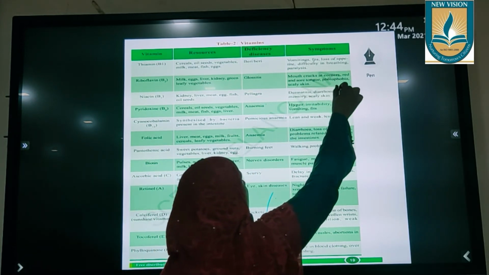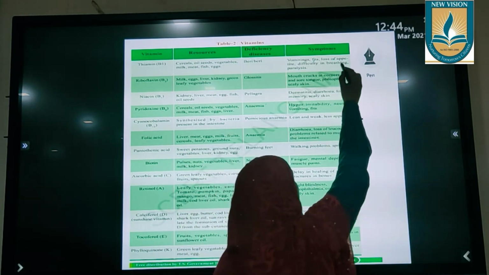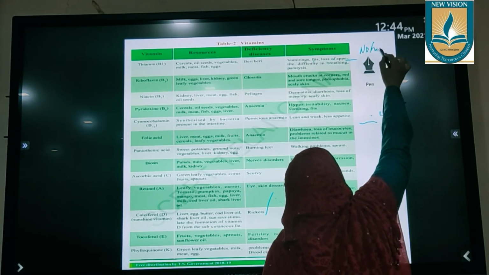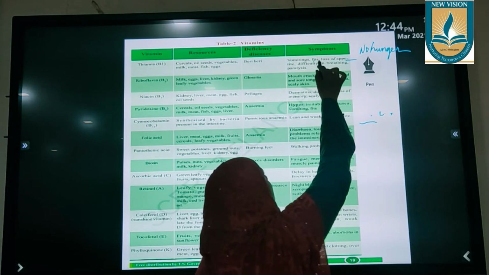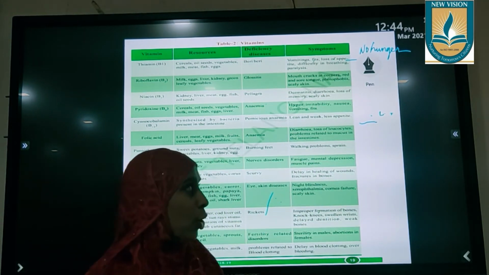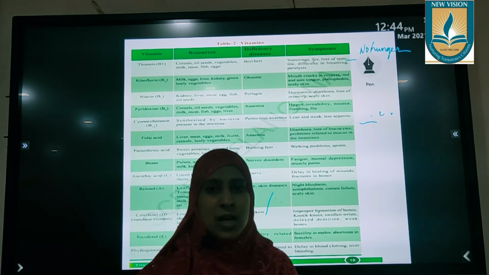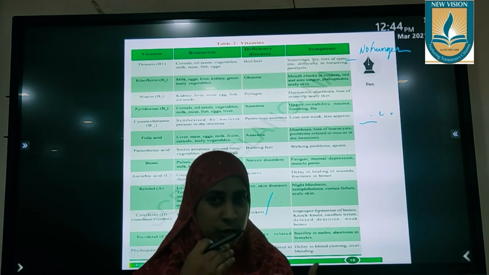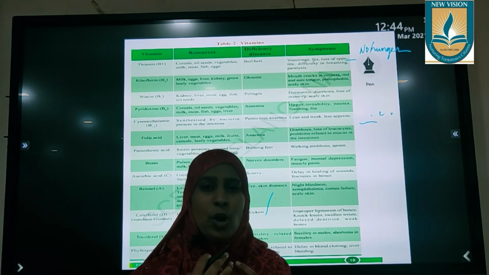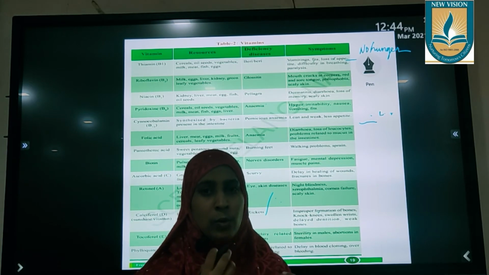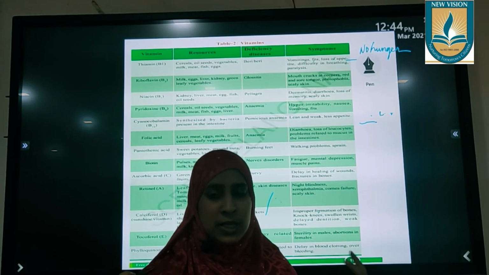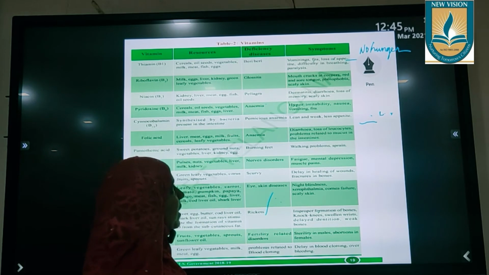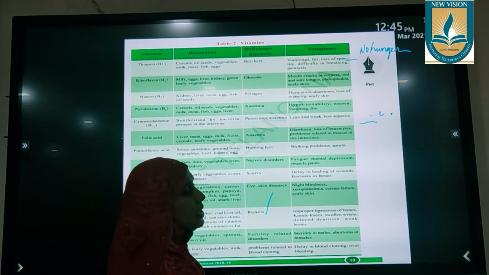Loss of appetite: the person will not feel hunger, even if you do not eat food for a long time. Difficulty in breathing. Paralysis is malfunctioning of voluntary muscles of the body. If it occurs in the mouth, the person cannot move his mouth parts. If a person gets paralysis in the hands, he cannot move his hands, and likewise the legs. Paralysis also causes numbness.